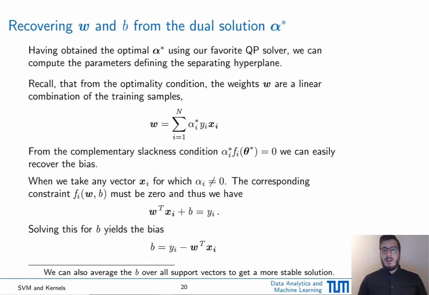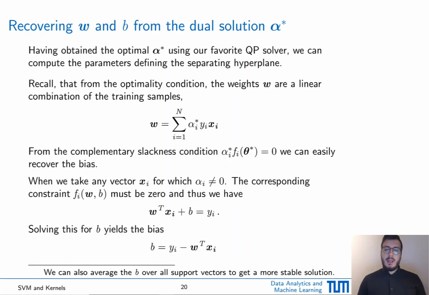So let's say we've specified the dual problem, called our QP solver, and obtained the optimal alpha star. Now the question is, how can we get the classifier, meaning the weight vector and the bias, which give us the hyperplane corresponding to this optimal alpha star.